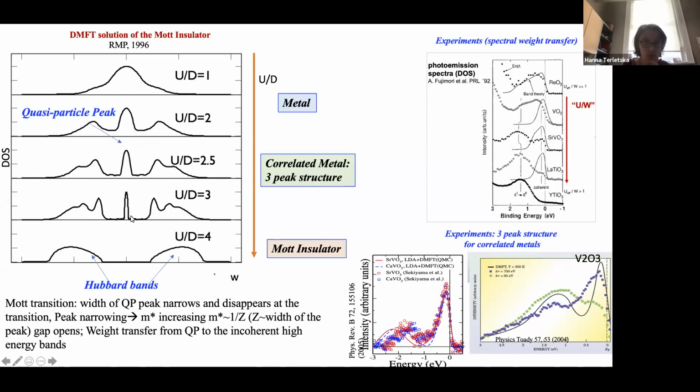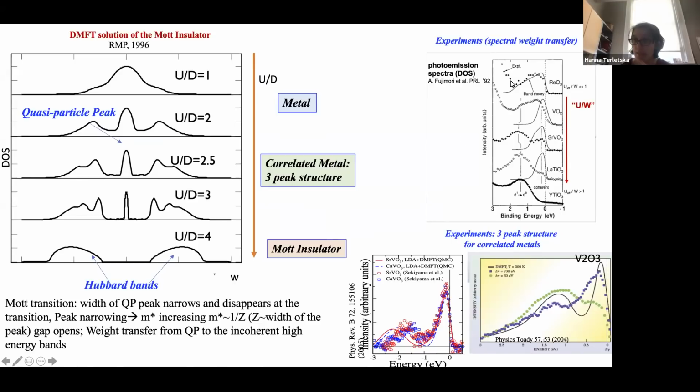The transition is characterized by the disappearance of this quasi-particle central peak. The width of the peak can be described by Z, and 1 over Z is proportional to the effective mass. So as you approach the transition, the quasi-particles disappear and the effective mass increases as the interaction is increased.